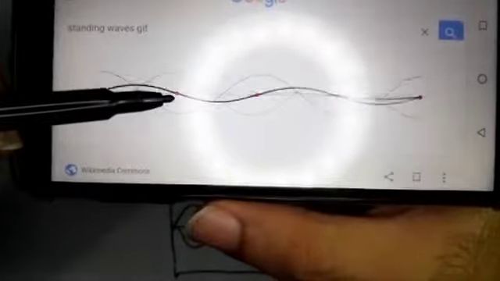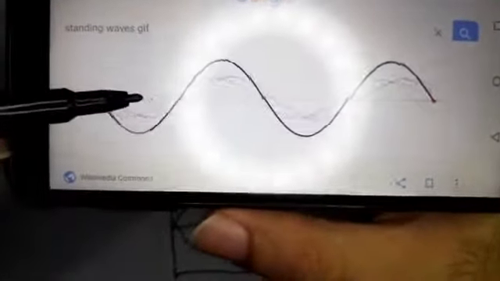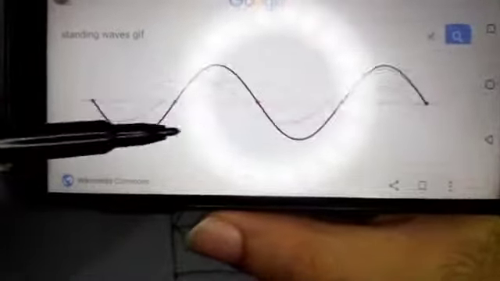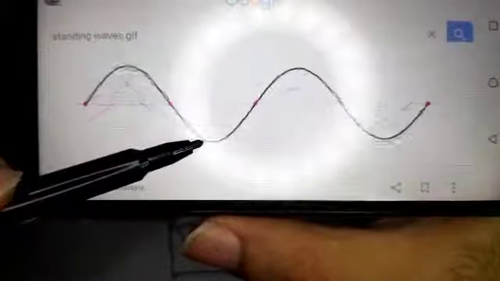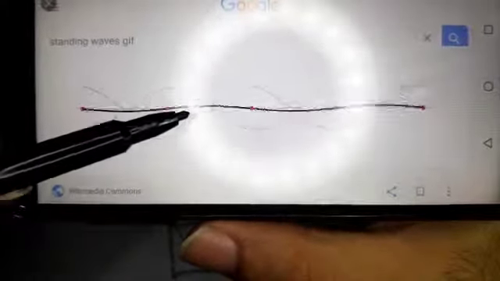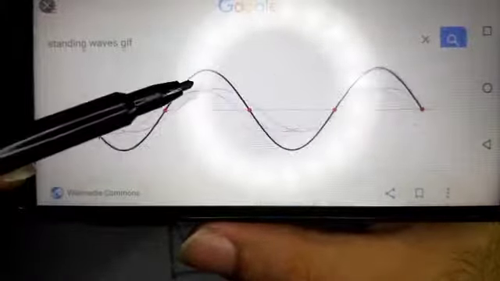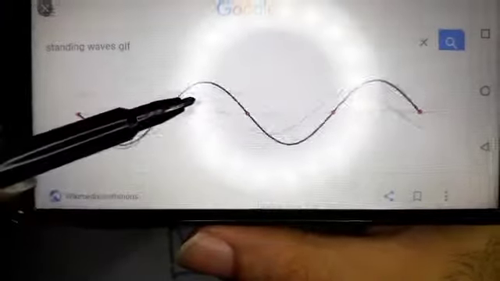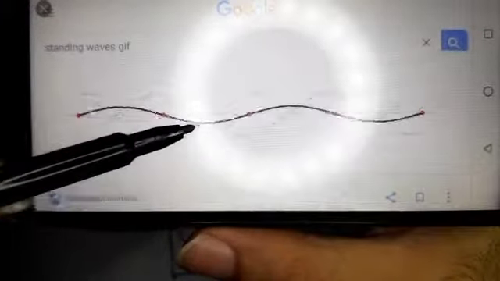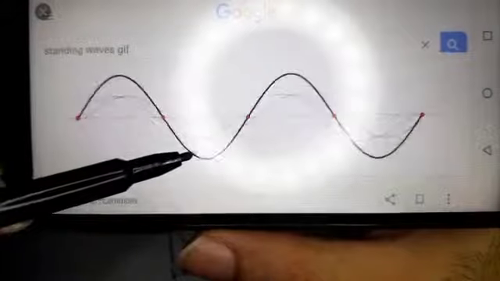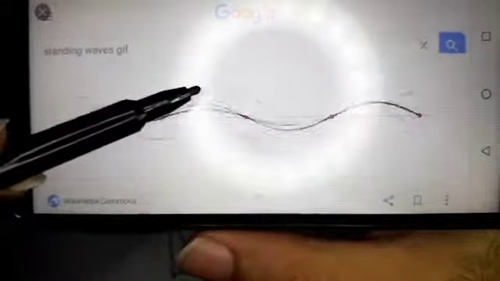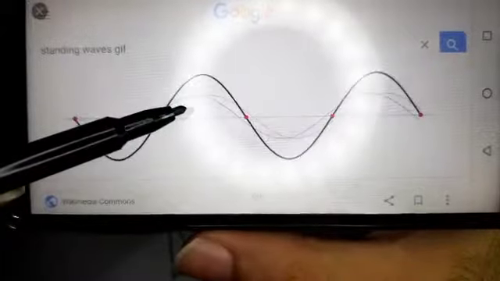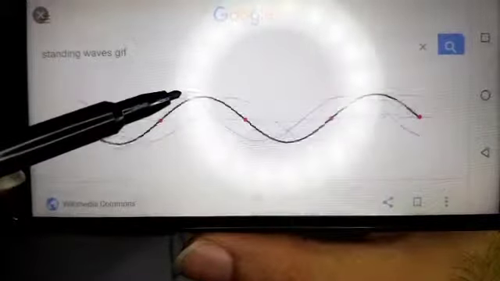nodes have zero displacement, right? There are no points like this on a progressive wave which have zero displacement, right? Another important difference is, if you see the points between two nodes, they're all in phase. They reach maximum together, they reach minimum together. In phase doesn't necessarily mean they have to have all the same amplitude, but it means that they're at the same point in their cycle.